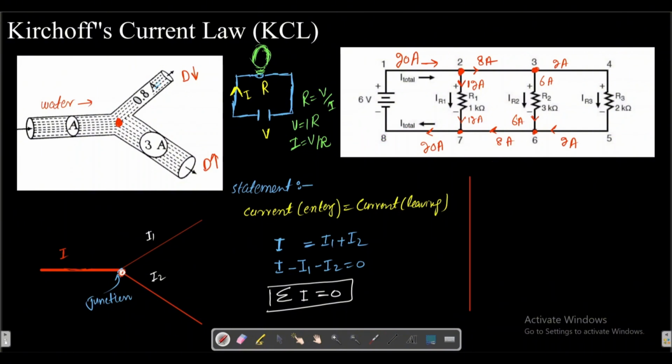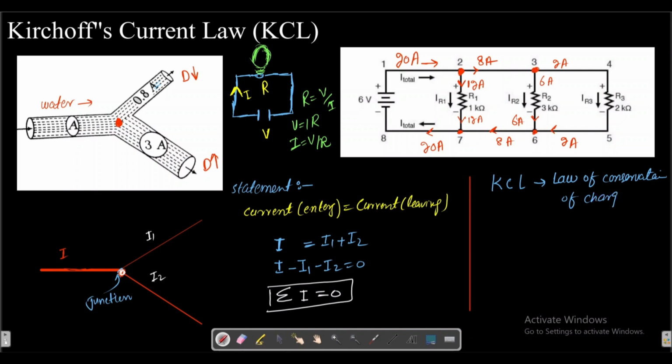Now the last point I am going to explain is that KCL, Kirchhoff's current law, is also called the law of conservation of charges.